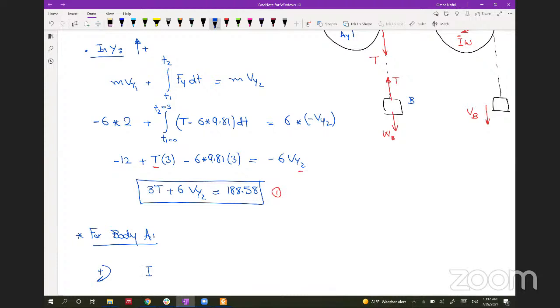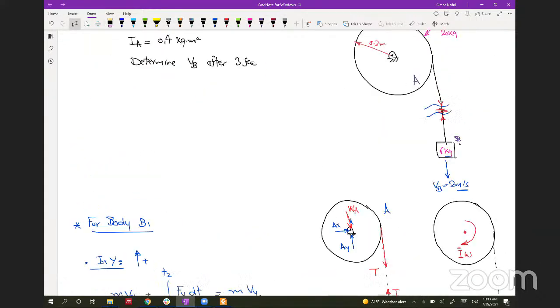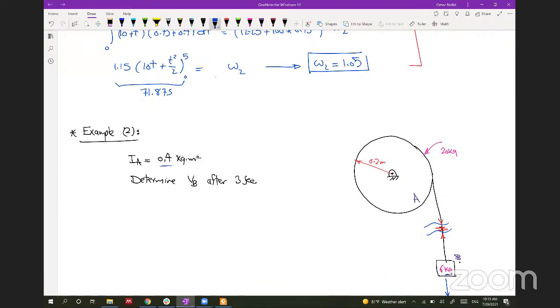We will have I about the CG multiplied by omega 1 plus the integration from T1 to T2 of the moments about the CG, let's call it G dt, will be equal to I bar multiplied by omega 2. I bar is given, I think it's 0.4 kilogram meter squared, and this is about the CG.